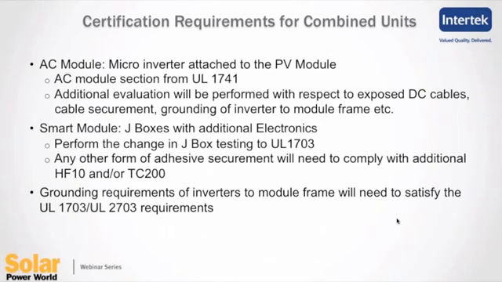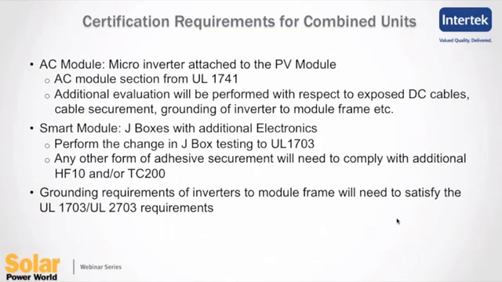And then if that additional electronics or the changed junction box was secured to the module with some type of an adhesive or something, then you're looking at having to repeat some of the conditioning tests that most of the modules have to go through during a 1703 certification.